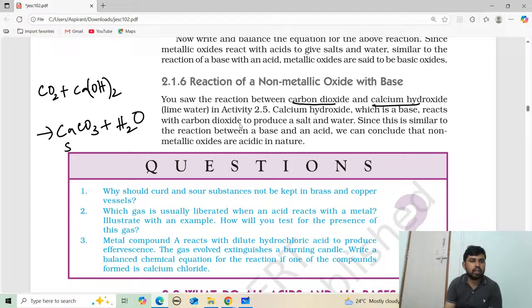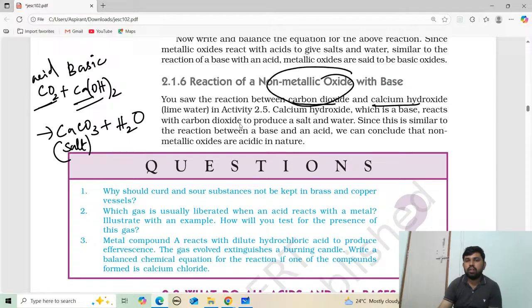This is a salt, so salt and water are formed. We know very well that this is basic in nature. With a base, the substance that produces salt and water is definitely an acid. That is why CO2 is acidic, they are saying. So finally, non-metal oxides are acidic in nature.